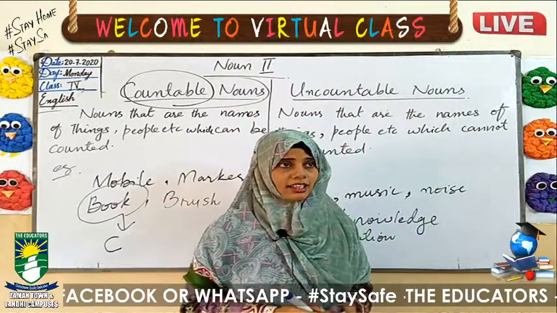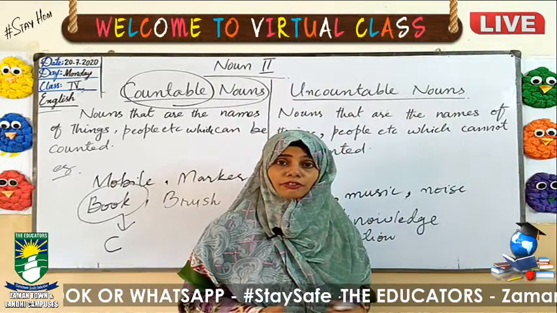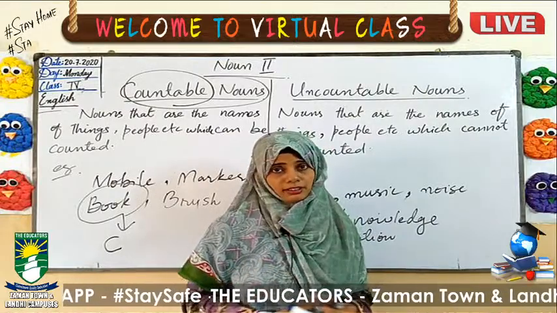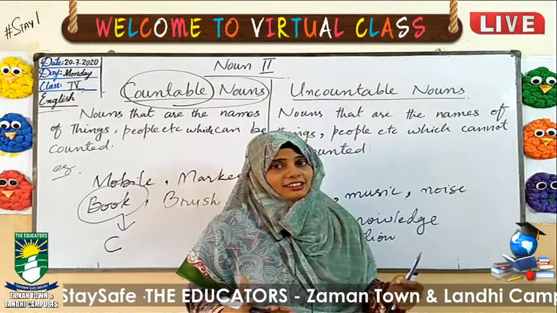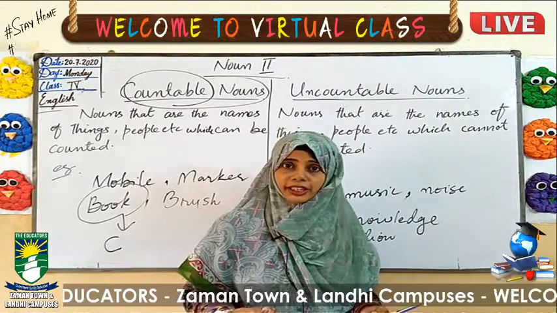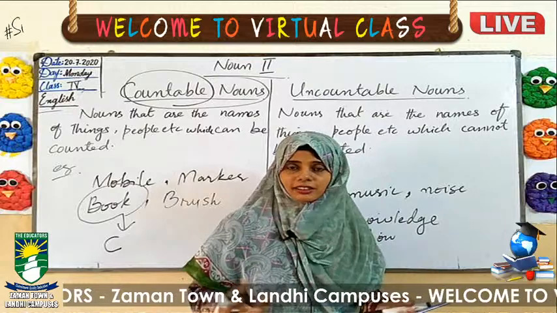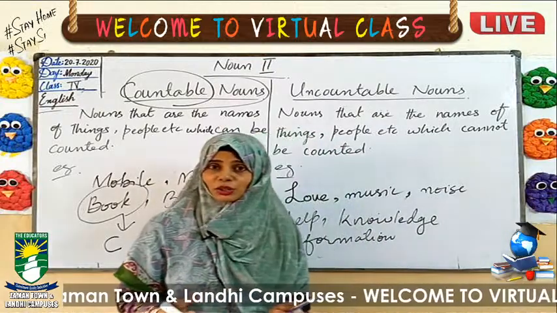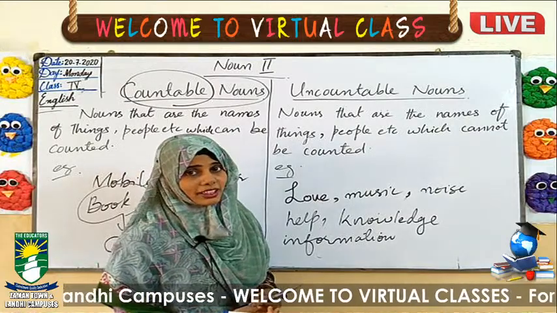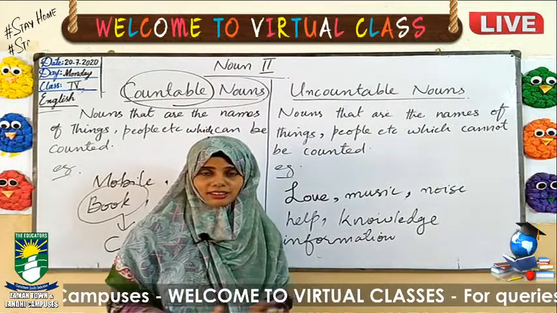No, never. And we cook our food in oil. So the oil is uncountable because we cannot count it. Very common word. Water. Can you count the water? No. So the word water is uncountable.